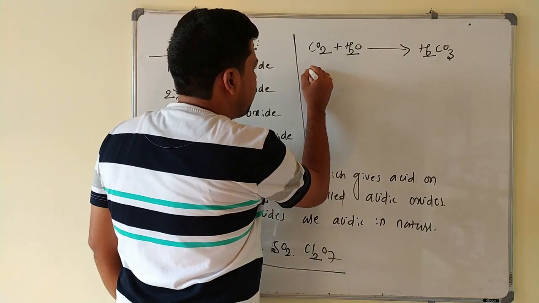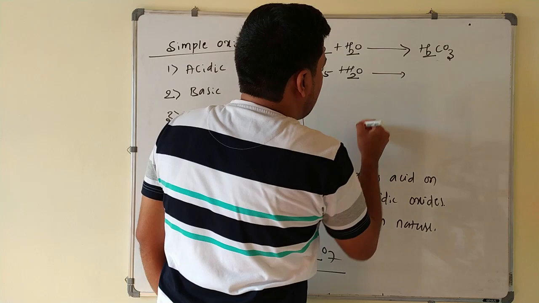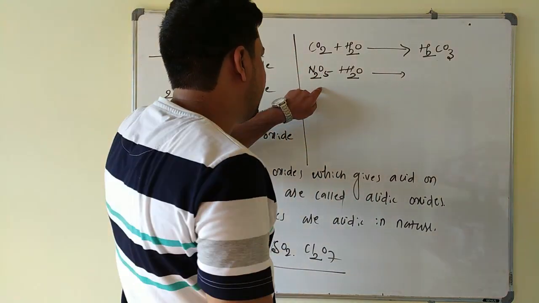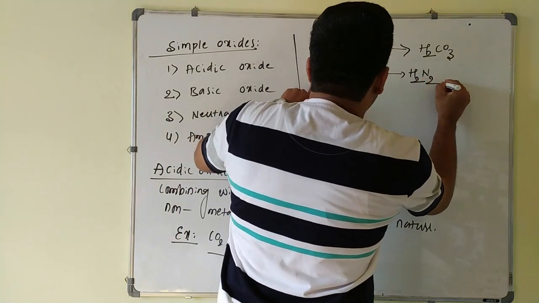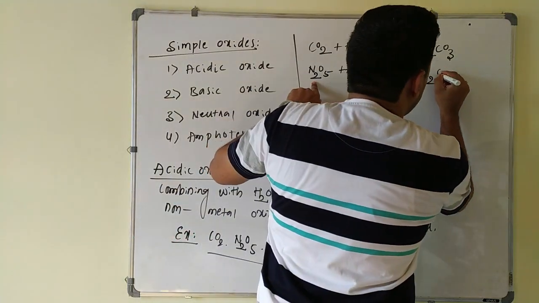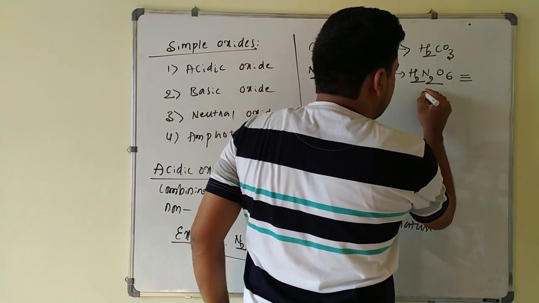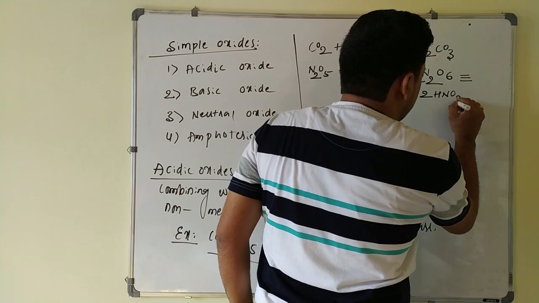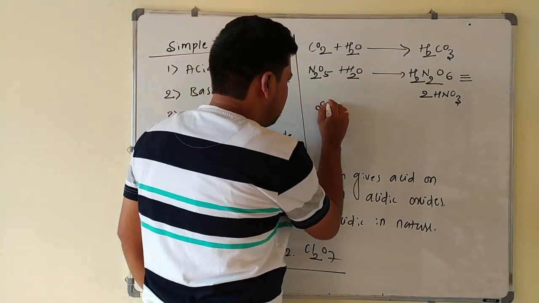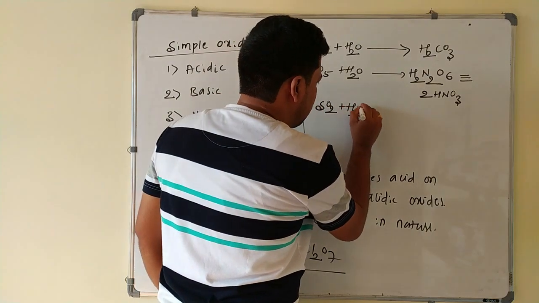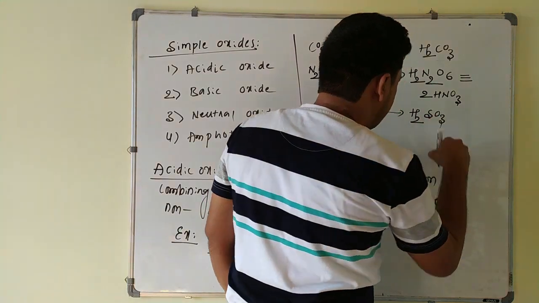Suppose I take N2O5, on adding to water it gives nitric acid. This is H2N2O6, 2 times N, total 6 oxygen. This can be equivalently written as 2 times HNO3. So again it is giving an acidic solution. If you take SO2, on adding to water it gives sulfurous acid, H2SO3.